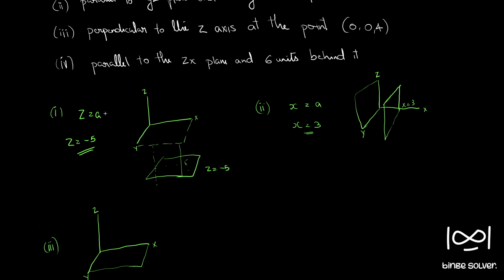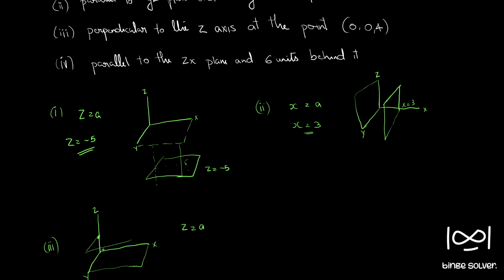As we just discussed, the equation of a plane parallel to the xy plane will be of the form z is equal to a. Now it is given perpendicular to the z axis at the point 0, 0, 4, so it will be somewhere here.